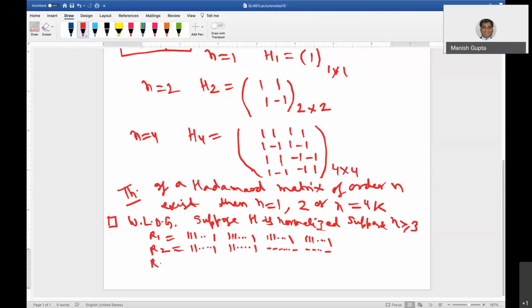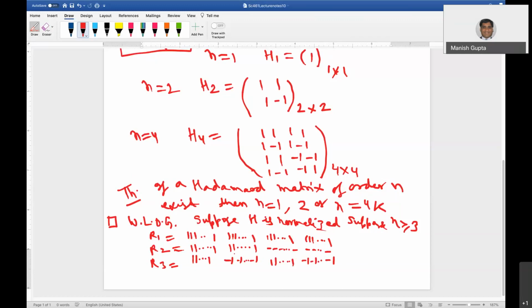And third row: all ones, minus 1s, all ones, minus 1s. Suppose we know the first three rows are like this.